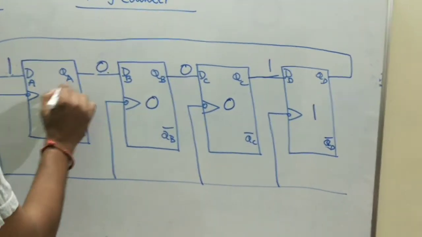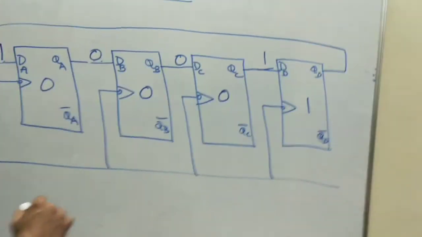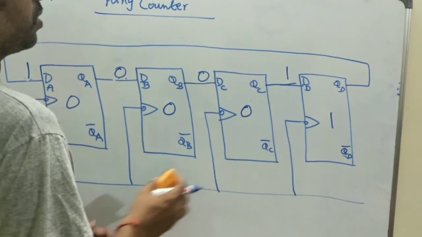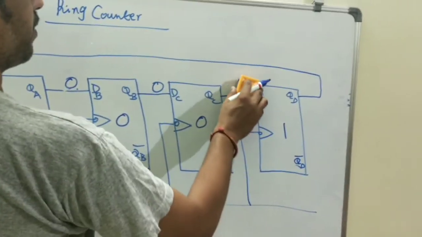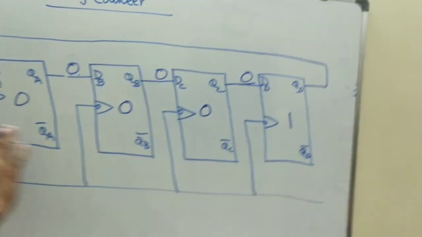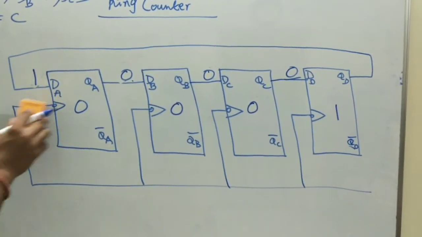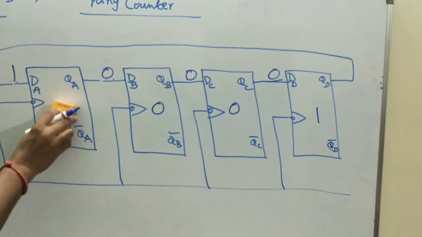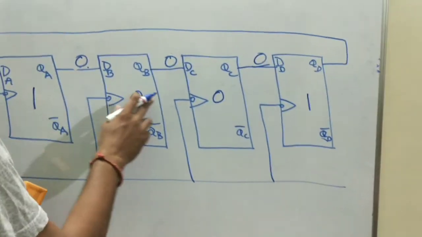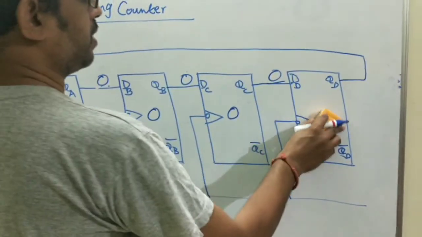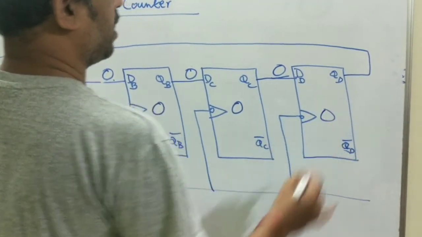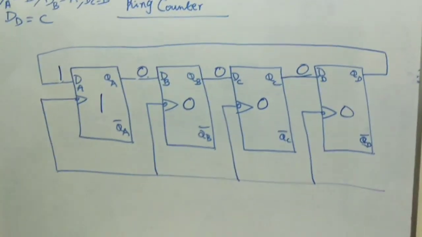Here DB will have input 0, DC will have input 0, and DD would have input 0. Now apply the clock pulse. This 1 will be entering the DA flip-flop, and the other flip-flops will have zeros. So it has come to the repeat state or reset state.